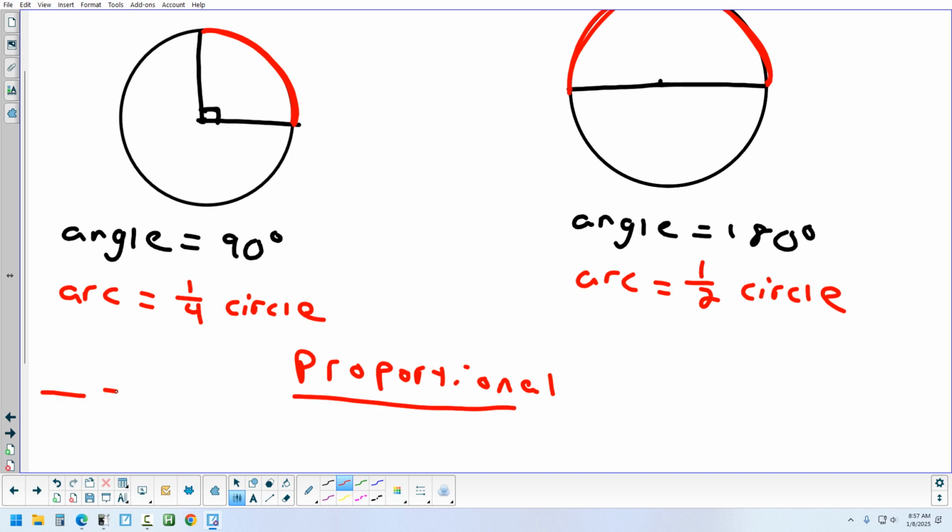A proportion generally looks something like that. In a proportion, you usually have 4 spots. 3 of them are things that you know, and 1 of them is something you don't, and then you can solve. But you can only set up a proportion when 2 things are directly proportional. But these are, and we just showed that.